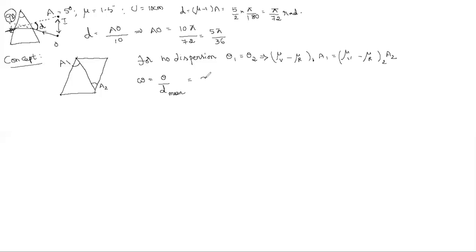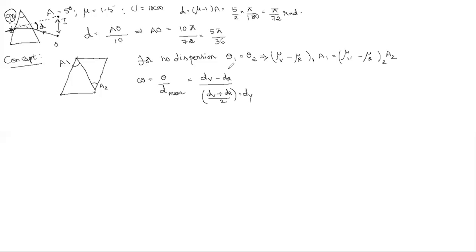Theta is dv minus dr. Mean deviation is nothing but (dv plus dr) by 2. This is the mean deviation, and I think yesterday I told you it is the deviation of the yellow color. It comes to 6000.